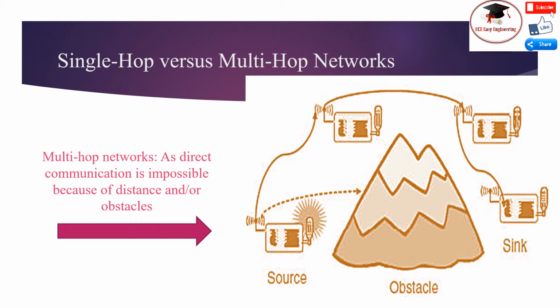The data packets taking multiple hops from source to sink are shown in the figure. Depending on the particular application, the benefit of having an intermediate sensor node at the right place is high. The figure shows a multi-hop network, as direct communication is impossible because of distance or obstacles.